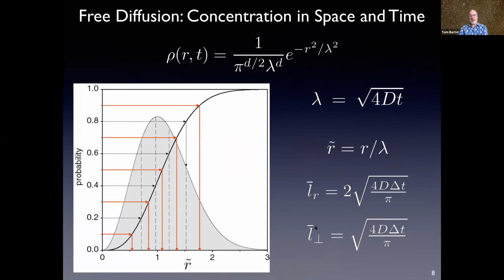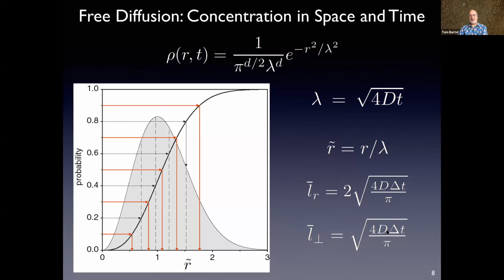I don't have the derivation here that walks through how to do it, but the answer is this value. So it's square root of 4DΔt over pi. It comes from the time step of the simulation and the diffusion constant D of your particle. So that's where it comes from.